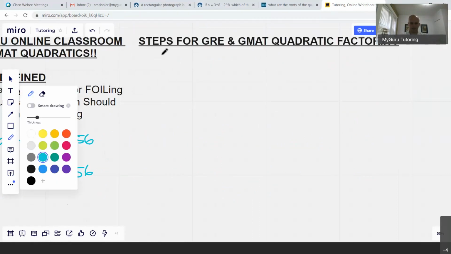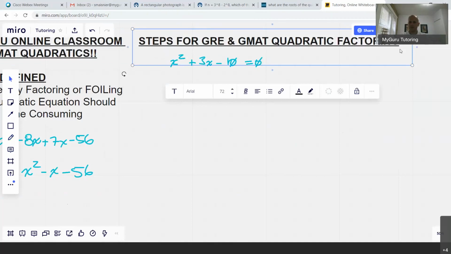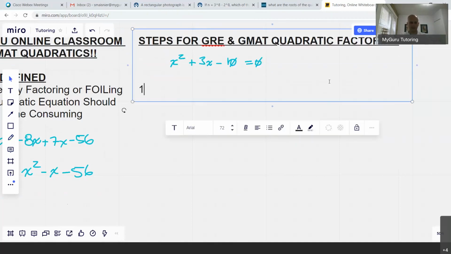In the quadratic expansion, we've got x squared plus 3x minus 10. And we know that every quadratic has to be set equal to 0 in order to solve. So that's actually our first step. So in turn, we'll be using this as our example. So step 1 is ensure the quadratic is set equal to 0 to solve, because if it's not set equal to 0, you can't solve it.